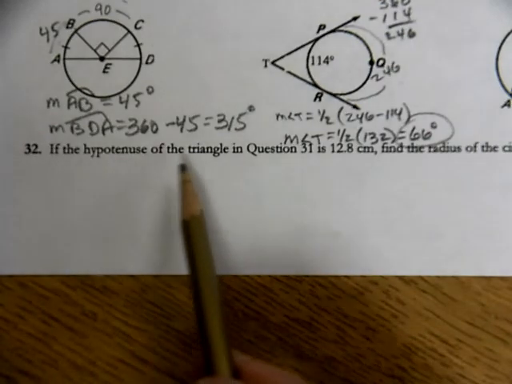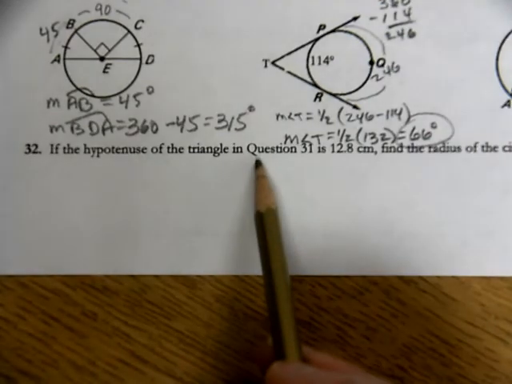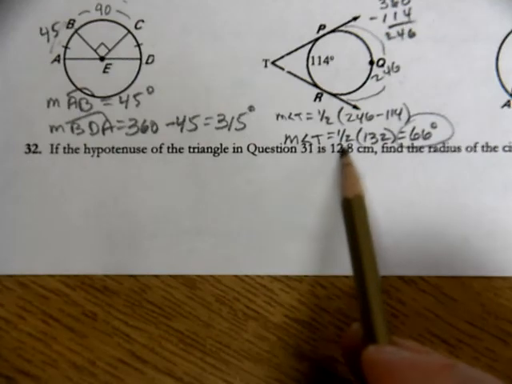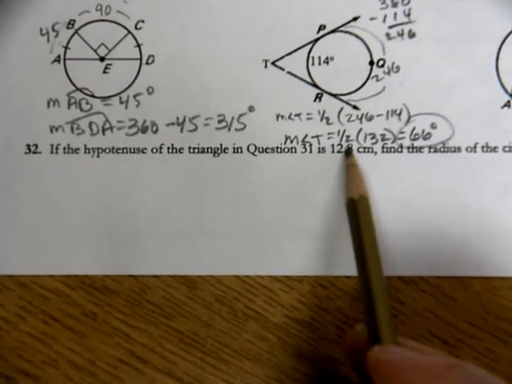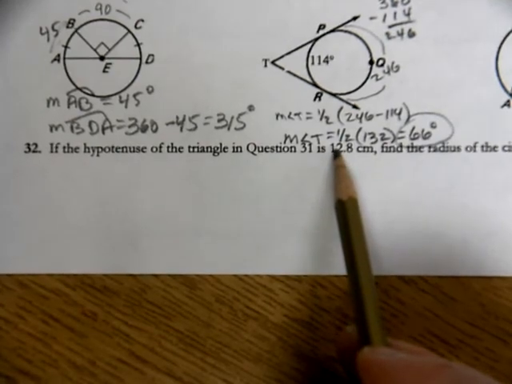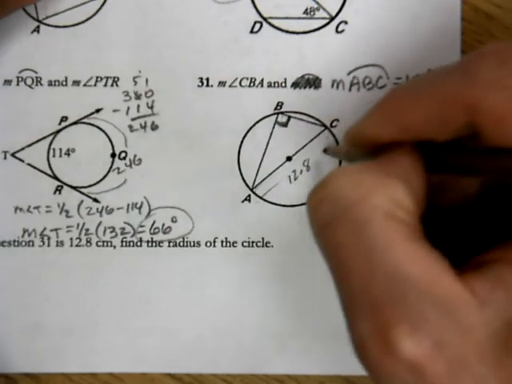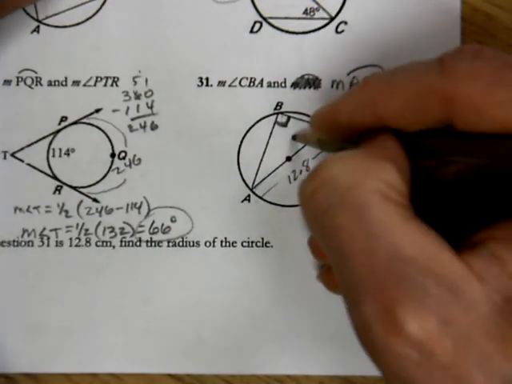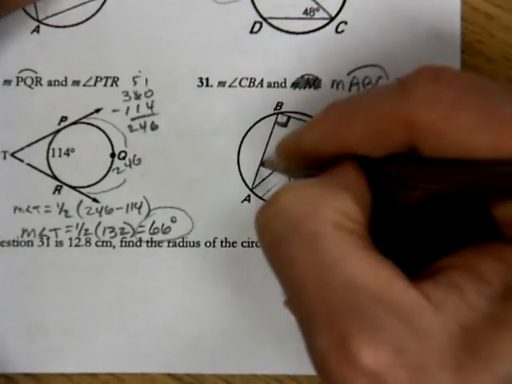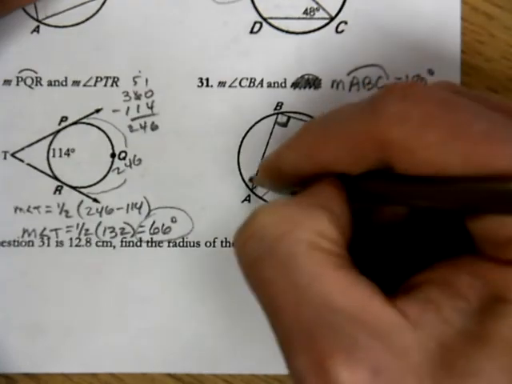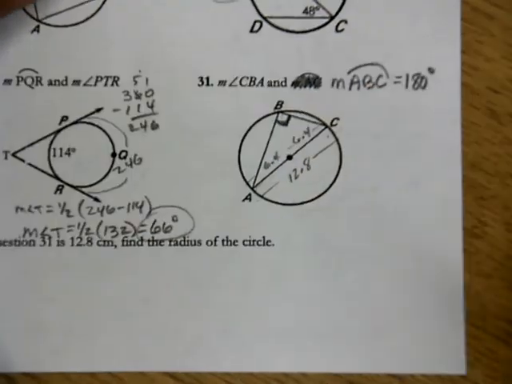If the hypotenuse of the triangle in question 31 is 12.8, what's the radius? So this is 12.8 all the way across. We know that this has to be 6.4 and 6.4 because they are half.